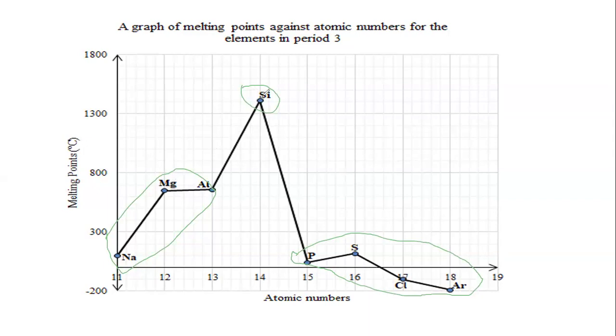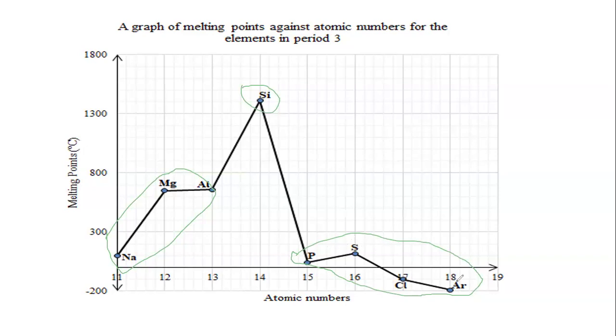Also describe that of silicon, the melting point. This is general for melting points and boiling points. You have to know the structure, type of bonding, and the arrangement.